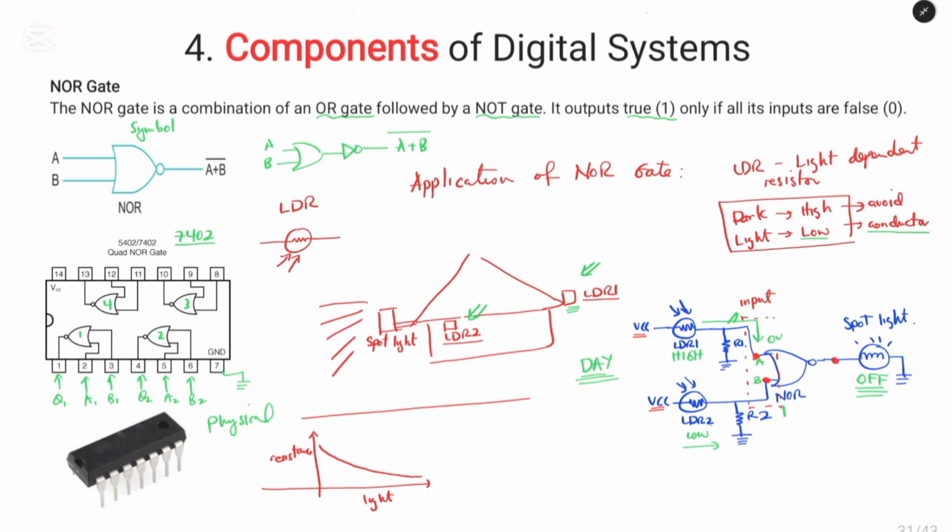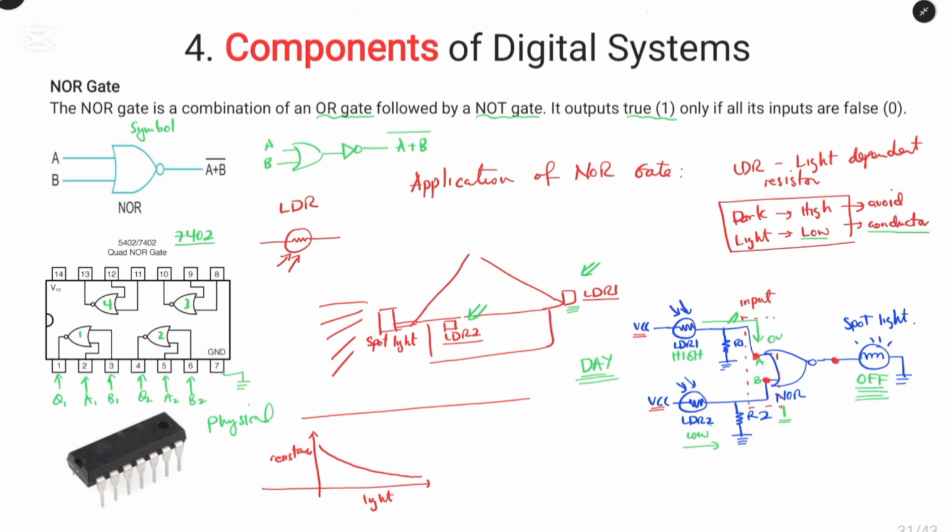Then what will happen? The resistance will be low, and we will have 5 volts appear at input B, which represents logic state 1. Now we have 0 and 1. For the OR gate, it will be 1, and inverted will give us 0. So still the spotlight will be off.